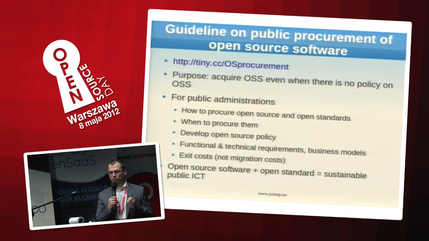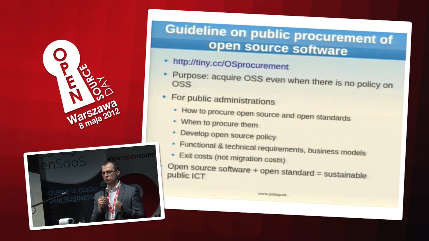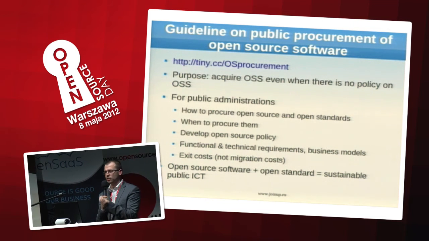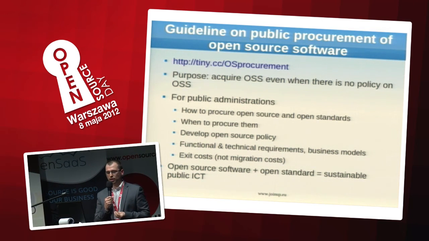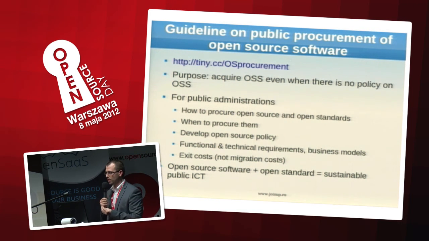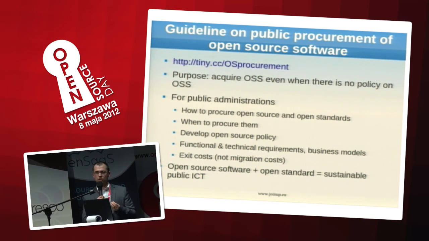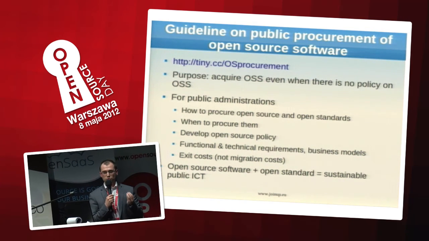It explains not only how to procure them, but also when and how to do it, how to develop open source policy, and how we can influence open source policy even if it's not set up directly in a specific country. It also explains the functional and technical requirements and business models, and how those three can influence the final choice and preference in public procurement.